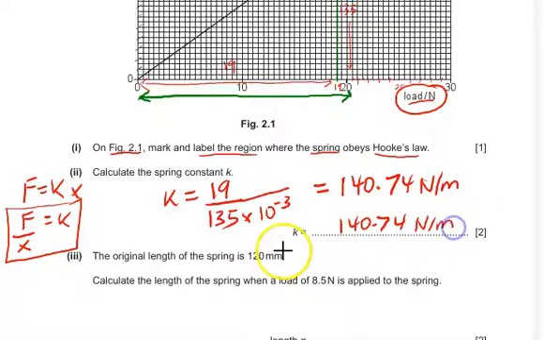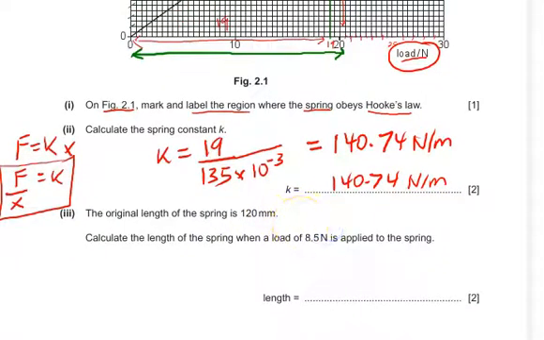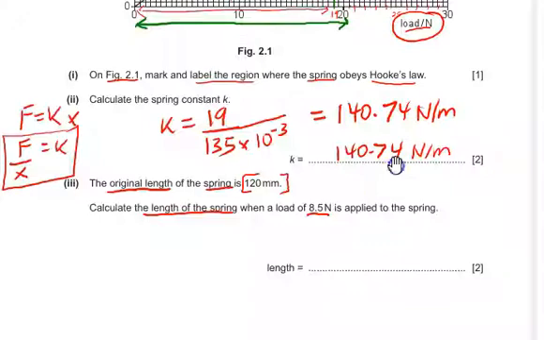So this is your answer, guys. Newton per meter. And okay, the original length of the spring is 120 millimeter. Calculate the length of the spring when a load of 8.5 Newton is applied to the spring. So we can use the value of this spring constant to determine the extension.